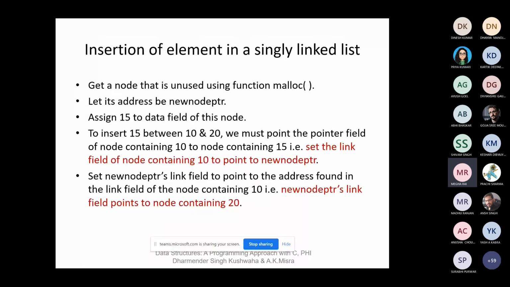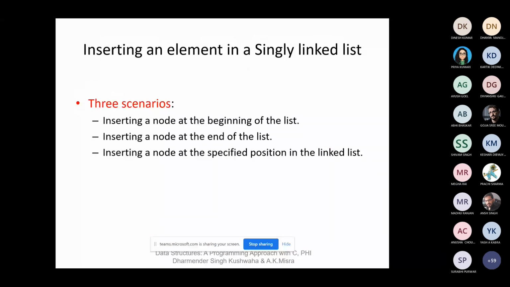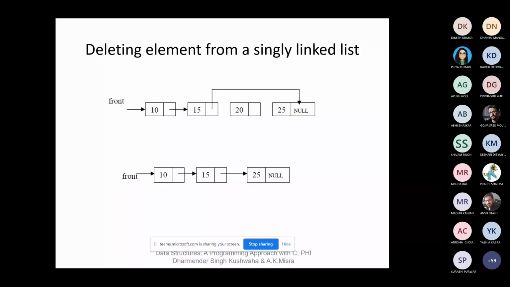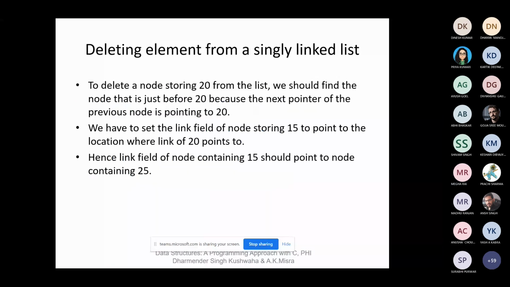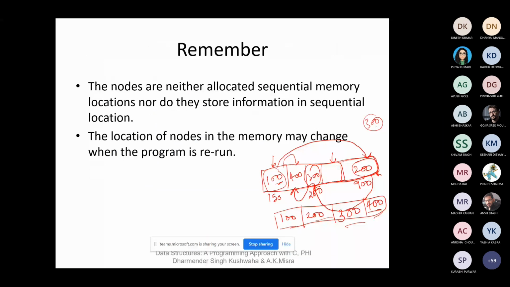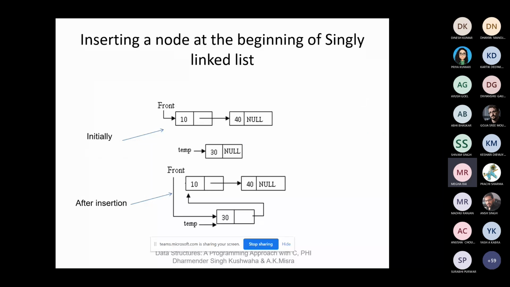Before starting insertion and deletion of elements in the list, how can you traverse the list in a single linked list? Firstly, traverse the list. Now you want to traverse the list.